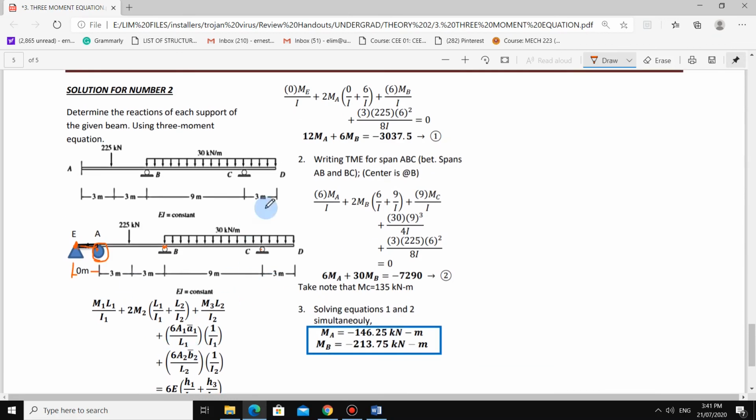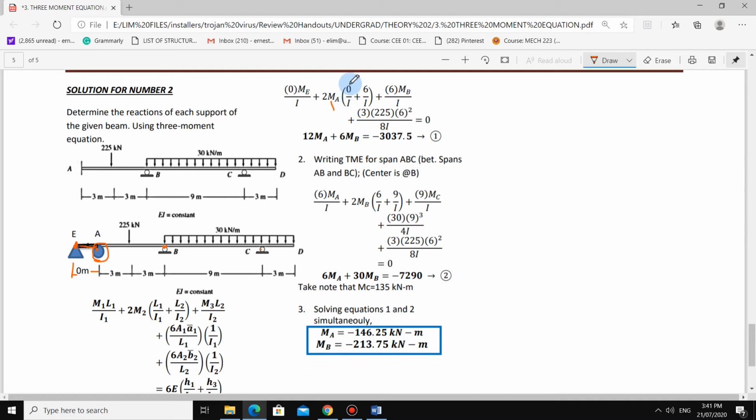So again using the 3-moment equation. M1 is E, since it is on the left side. Then the length is 0, over I, assuming constant I. Then plus 2. M2 is the center support which is A, so it becomes MA, guys.